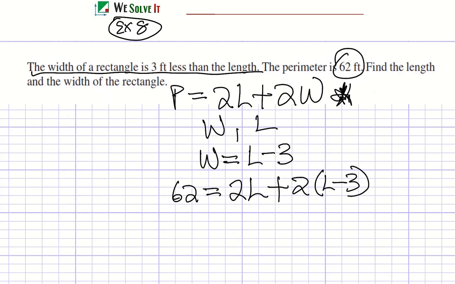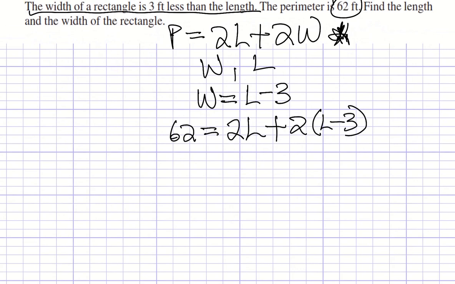See? So we eliminate the width. You can eliminate whatever you want to eliminate. So it's 62 equals 2L plus 2L, you remove the bracket, minus 6.